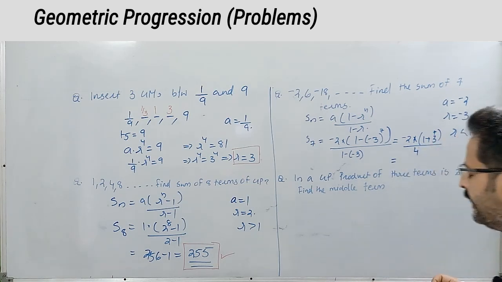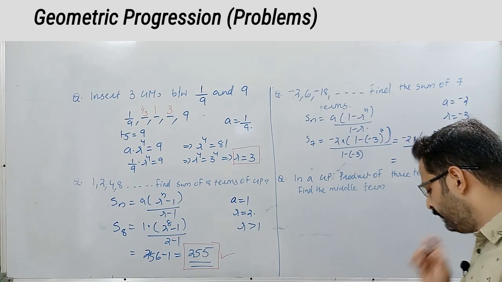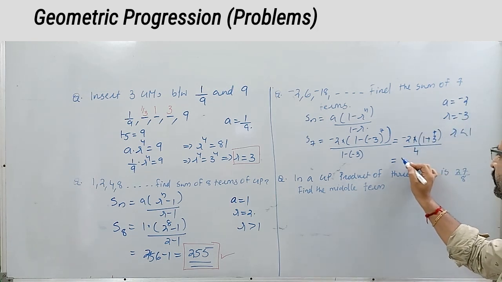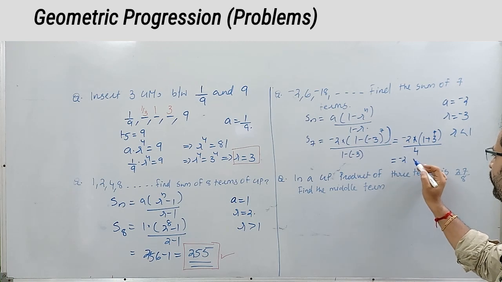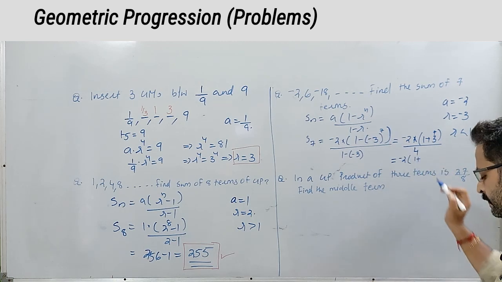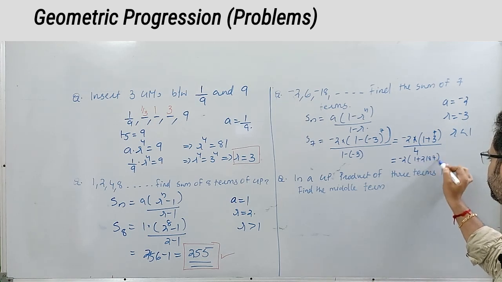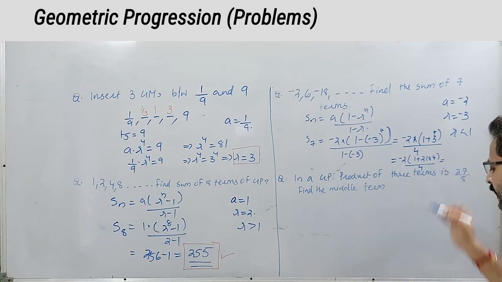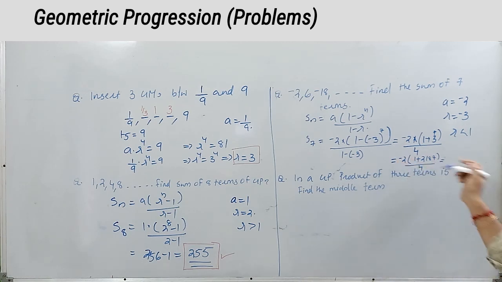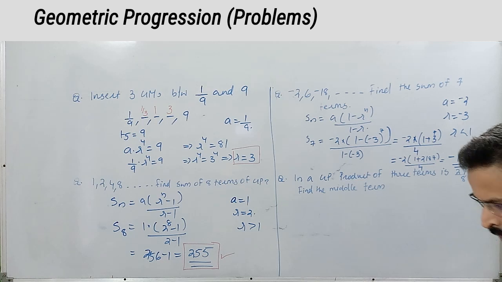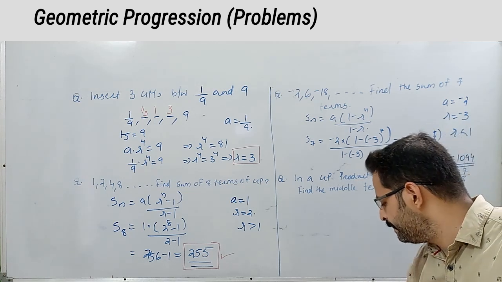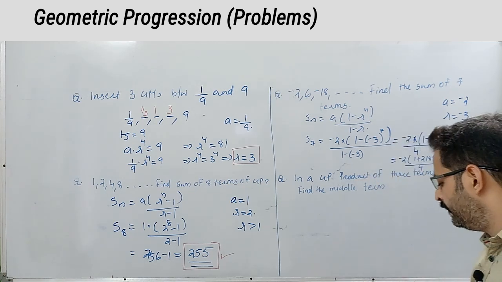Okay, compute the answer using a calculator. You have to find the value of 3 raised to 7. That means minus 2 into 1 plus 3 raised to 7, we will get 2187 divided by 4, and the answer will be negative. Minus 1094 will be the answer.